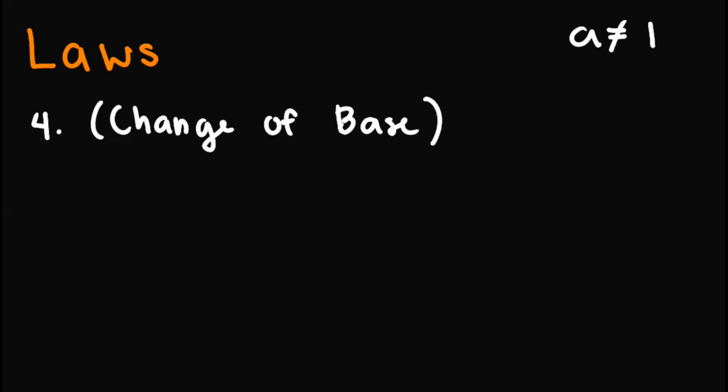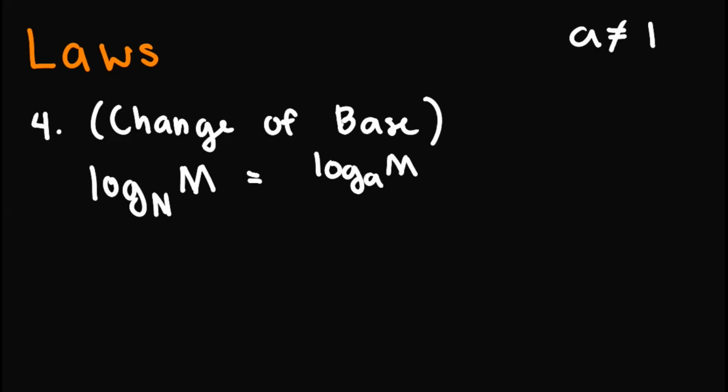So if we have the logarithm of m with respect to base n, this one is simply the logarithm of m with respect to base a over the logarithm of n with respect to base a. Note that a here can be any value you want. So it's really flexible.